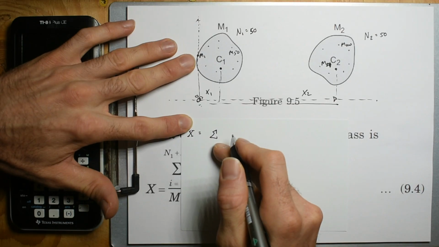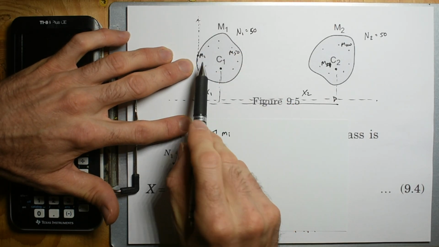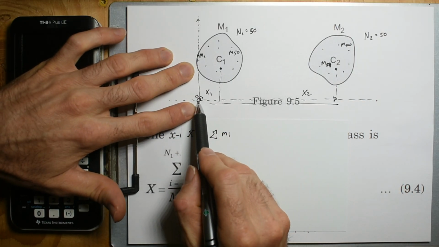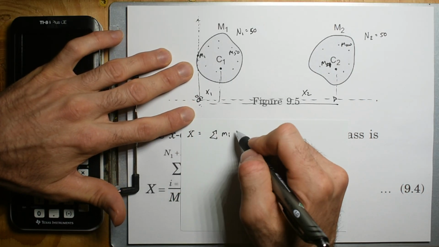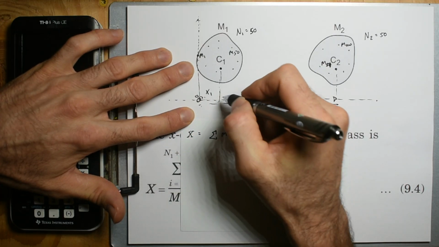So we're going to be summing particles. I'm going to take particles 1 through 100, and then find their distance from the origin this way. Each of these particles is going to have a particular distance.